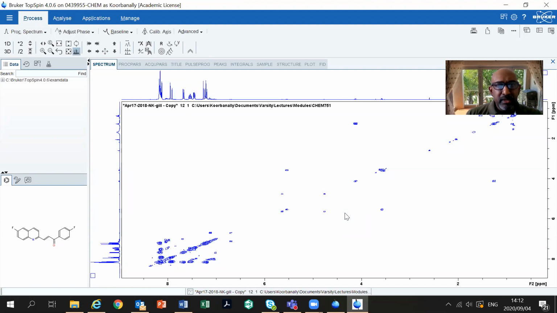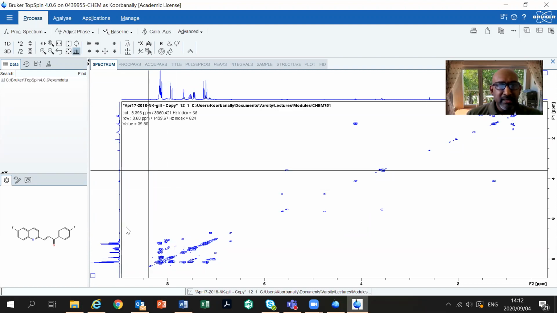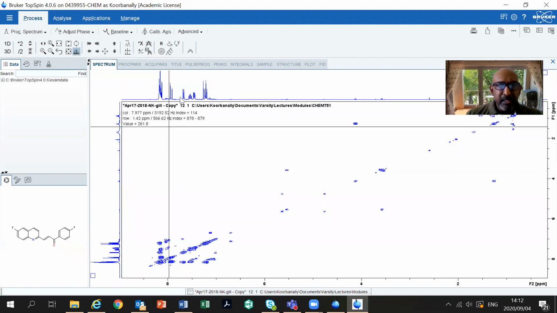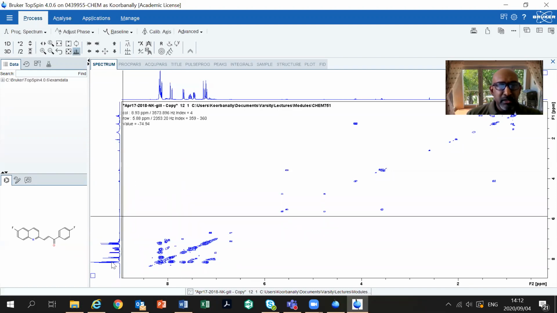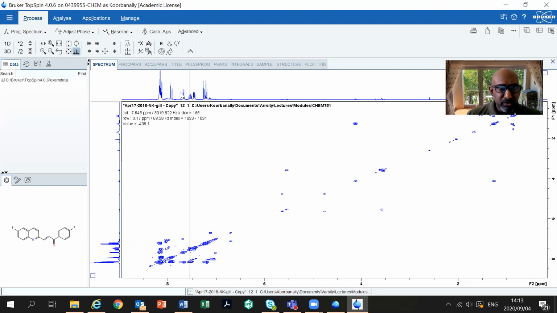Before I start, I want to explain very briefly what a 2D NMR spectrum is. A 2D NMR spectrum has correlations between the different protons in the molecule, in this particular COSY spectrum. So I have on the x-axis and my y-axis the proton NMR spectra of the same molecule. This is the proton NMR spectrum of that molecule that you see on the left here, and that's also the proton NMR spectrum of the same molecule. I'm going to look for correlations between protons within the molecule.